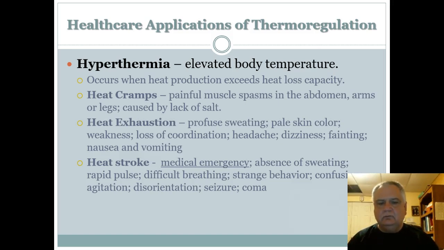Stroke. So we've got low blood pressure in the brain, so we're not getting good capillary exchange, not getting good nutrients to the cells, and so their activity is going to be in jeopardy because they're not getting what they need to continue on. That can lead to the seizure, coma, and eventually the death of the individual.